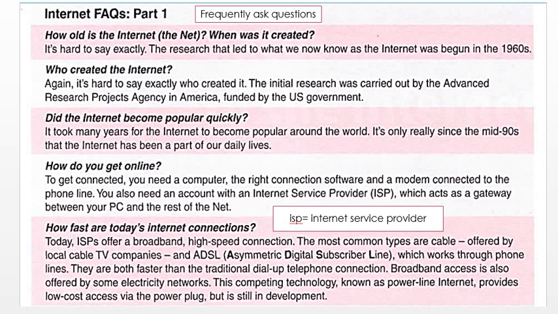They are both faster than the traditional dial-up telephone connection. Broadband access is also offered by some electricity networks. This competing technology, known as power line internet, provides low-cost access via the power plug, but it is still in development.